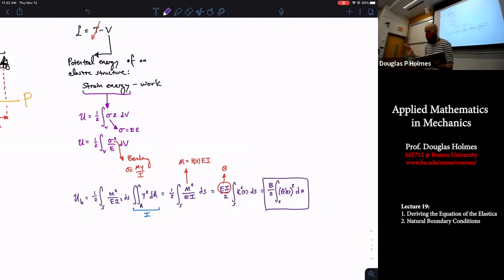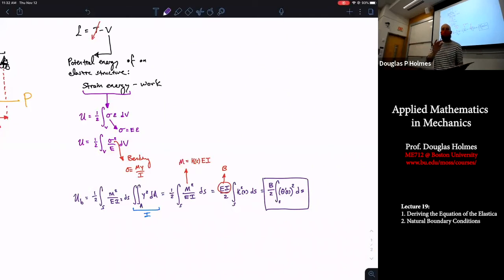Now we need the work. What's the work? The work is actually not that trivial to calculate unless we make a particular assumption, and that assumption is that our object is so thin, so easy to bend compared to stretching, that it's not going to stretch at all.